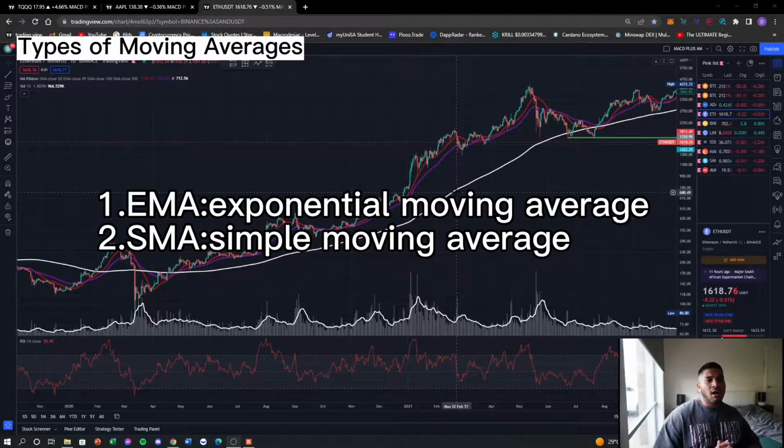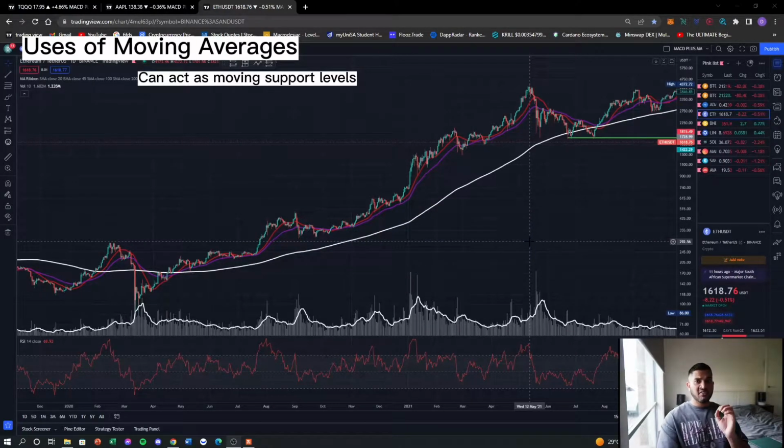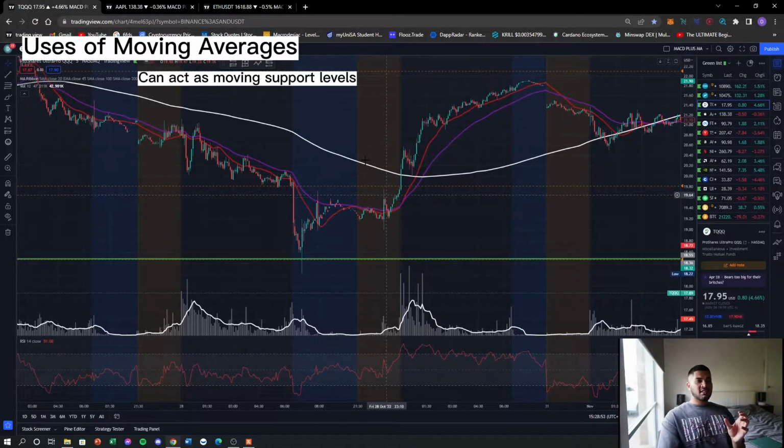Moving averages can act as moving support levels and resistance levels. I'll go through a quick example. In the shorter term time frame, which is the 5 minute or the 1 minute, we can clearly see that the red line, which is the 20 MA, has been acting as support.